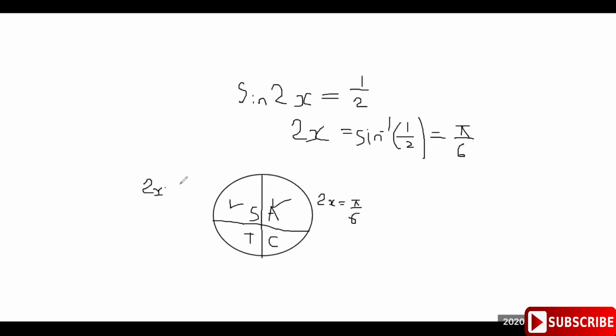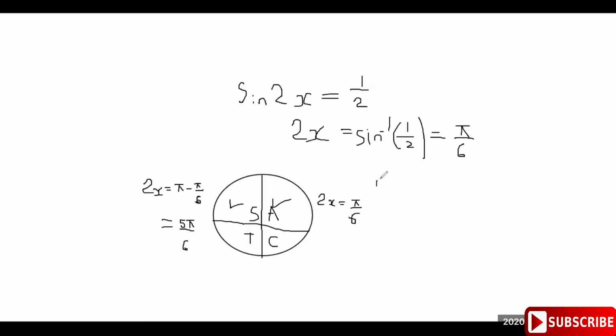We may want to simplify this: 6 times pi is 6 pi, 6 pi minus pi is 5 pi by 6. So that is 2x. All right, so that's the solution.